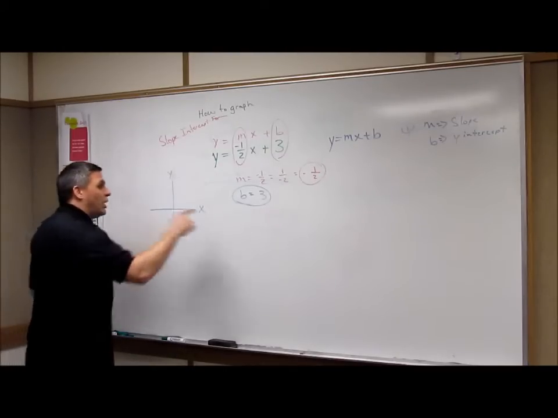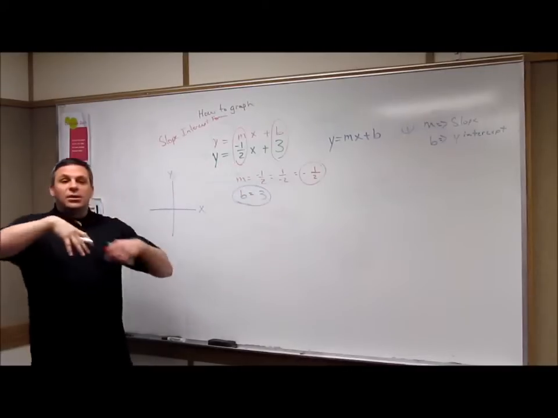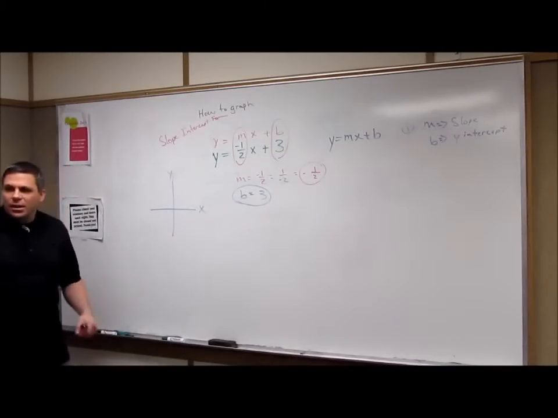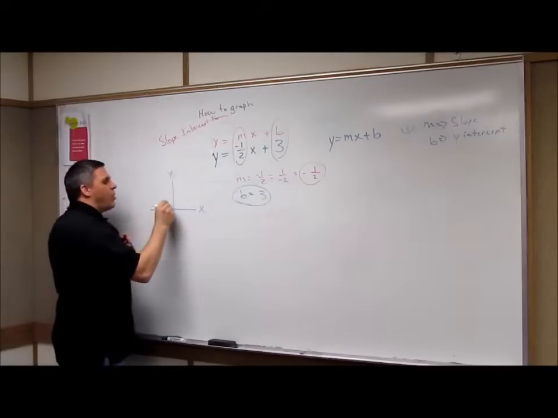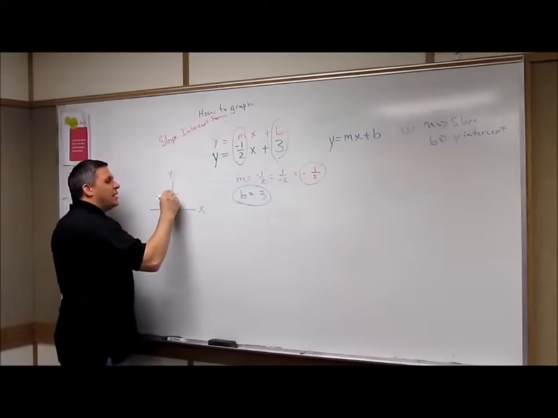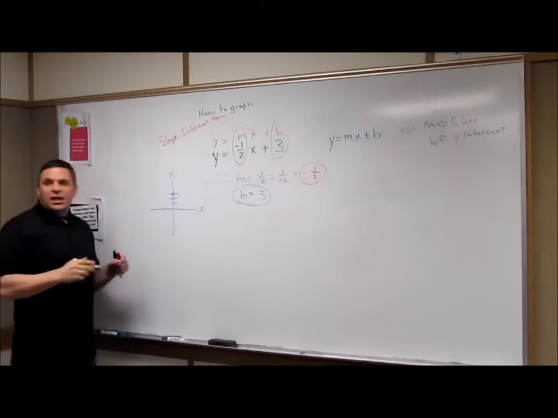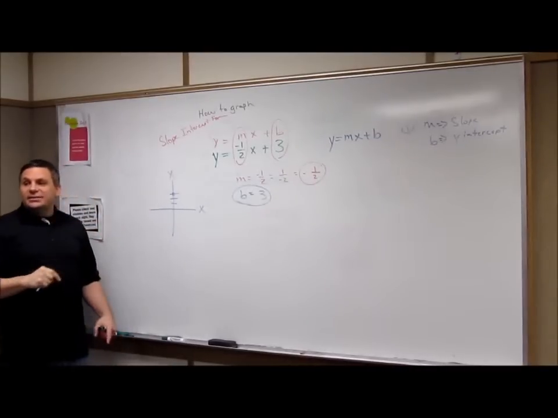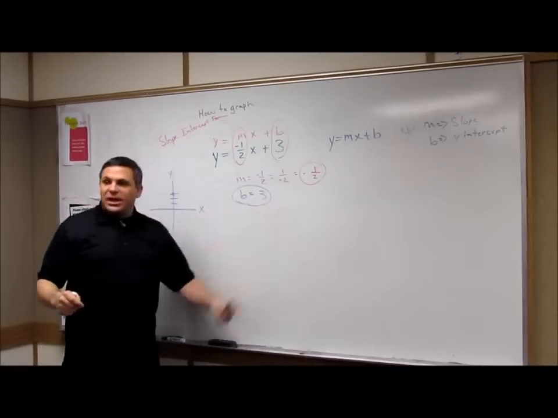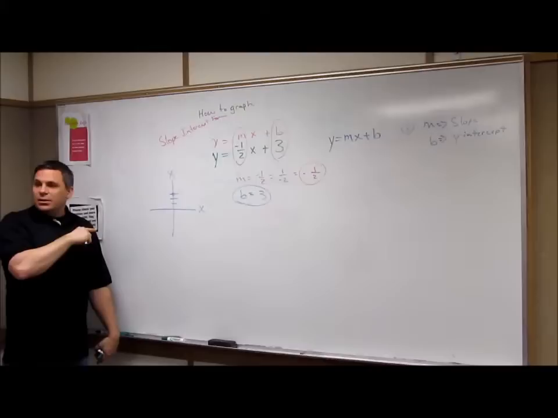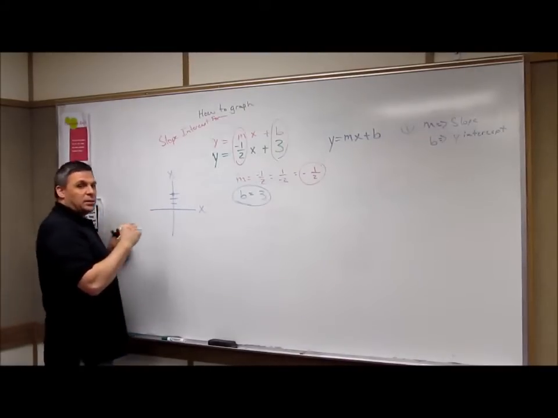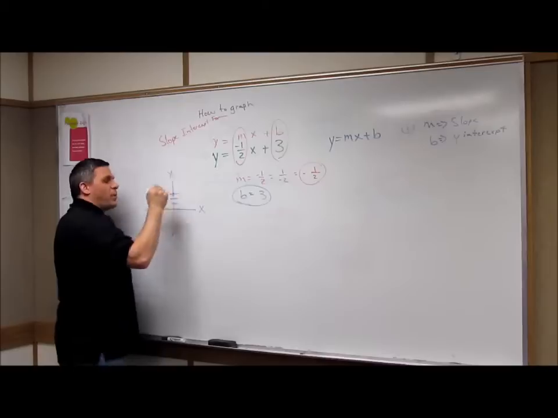B equals 3. Where at 3? 3 on the y-axis, because that's where the line crosses the y-axis. So when b equals 3, y equals 3. Boom. So I know that's a point.